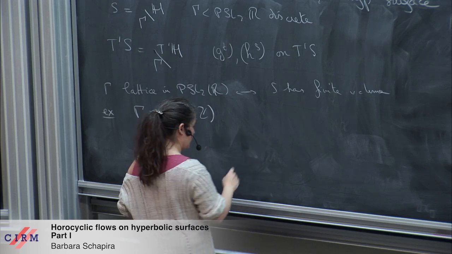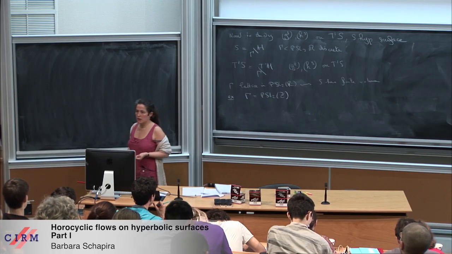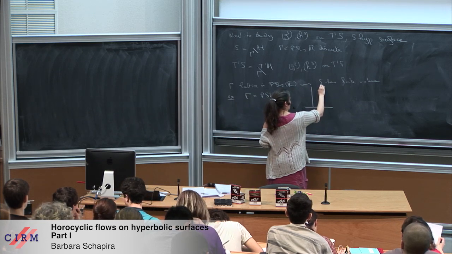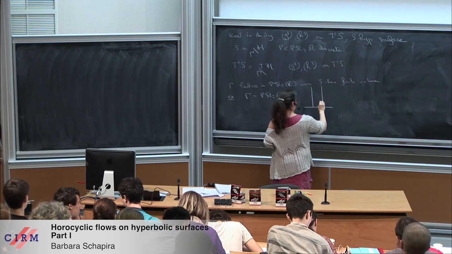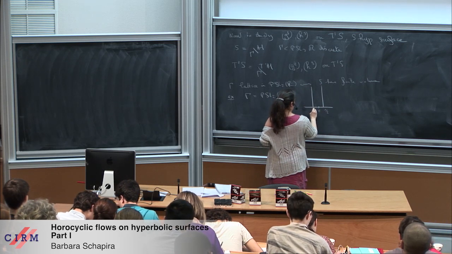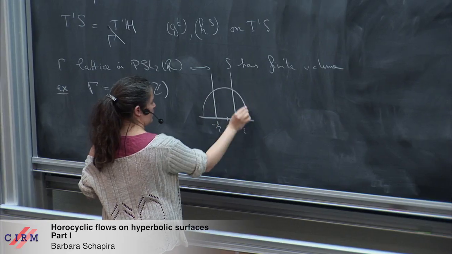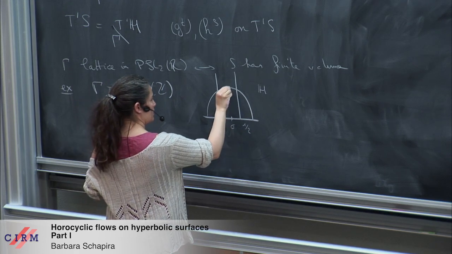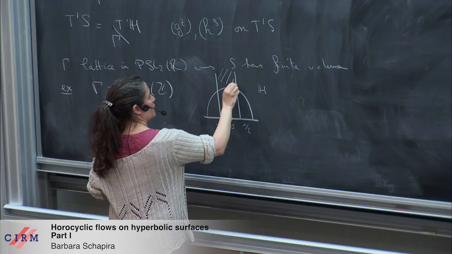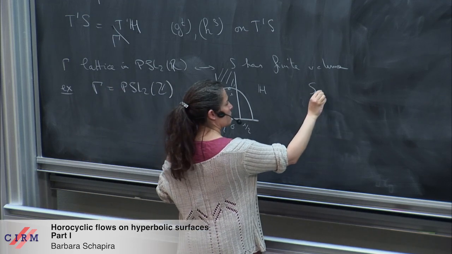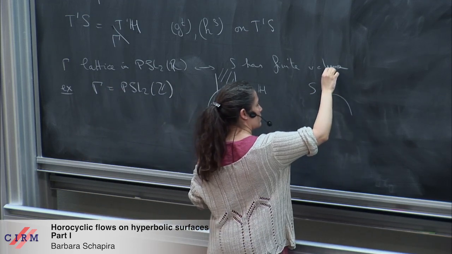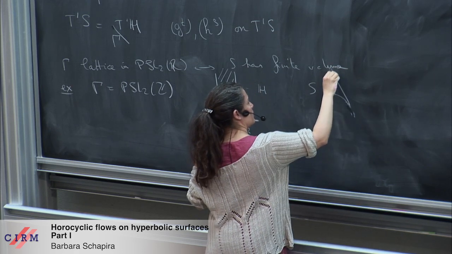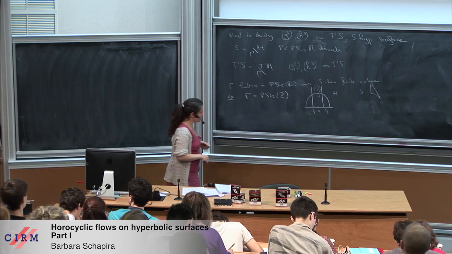Jean-François showed you that it's a lattice and gave a bound on the volume, but you can check that a fundamental domain in the hyperbolic plane for the action of PSL2Z is this domain, and the quotient surface, which has some singular point, looks like that. So it's a non-compact finite volume hyperbolic surface.